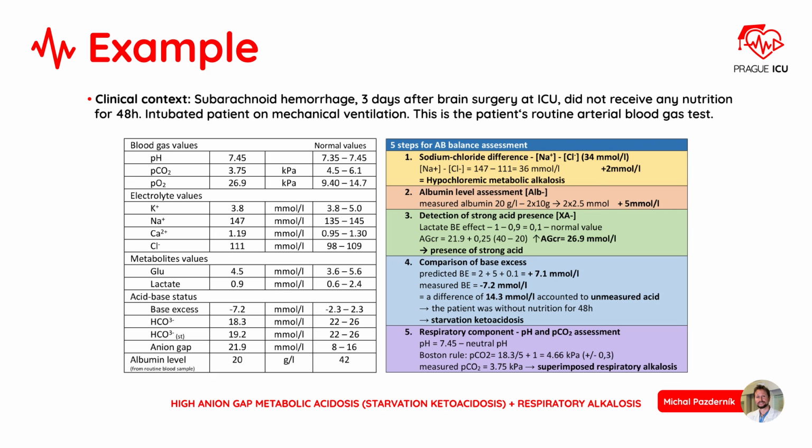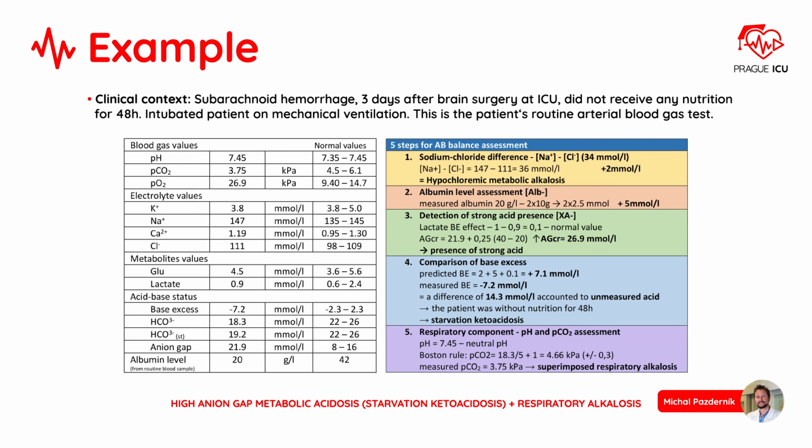But as we can see, our patient has actually base excess of minus 7.2. Hence there is difference of 14.3 millimoles per liter that accounts to unmeasured acid. The patient was without nutrition for 48 hours and has starvation ketoacidosis.